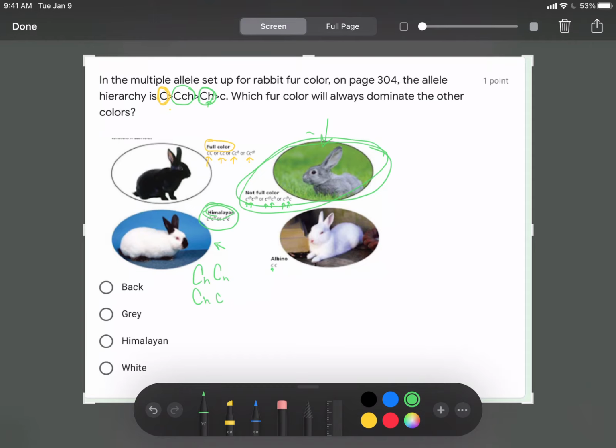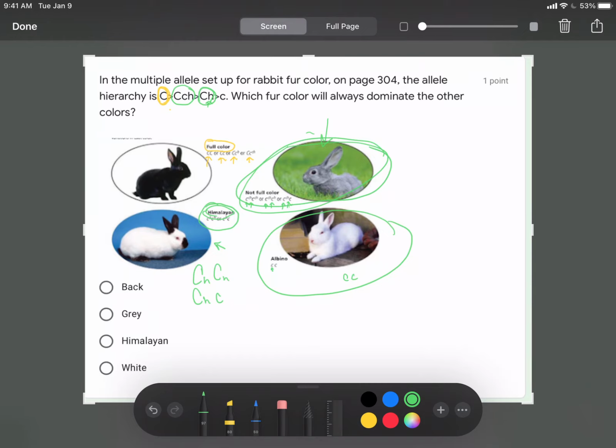And the only time you get the albino here is if you have a little c, and that's it. So it's the recessive one. It's on the bottom of the totem pole. It's like the 2 of any suit, spades, diamonds, whatever. So that is how the hierarchy works.